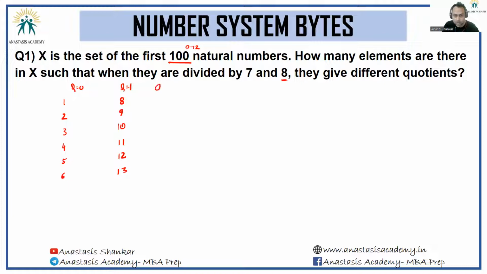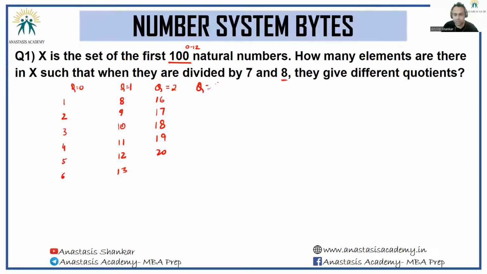So let's go to quotient of 2. With quotient of 2, it will start off with 16, 17, 18, 19, and 20. Because 21 onwards, again, it would be a problem. Upon division by 7, you will get a quotient of 3. Upon division by 8, you will get a quotient of 2 only.